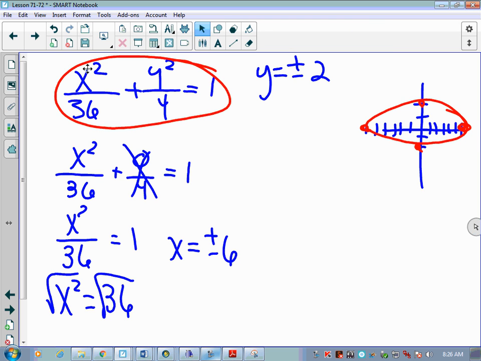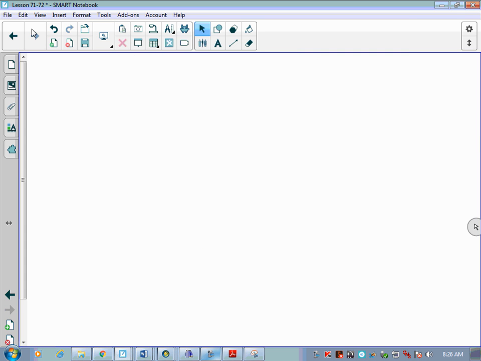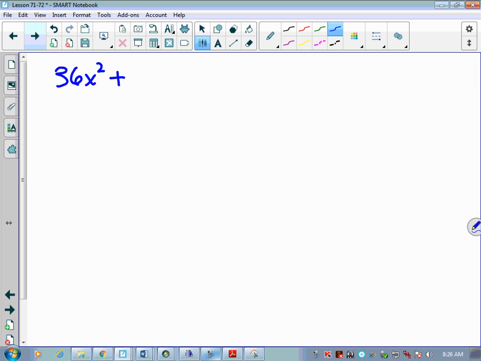Now, on your page, you should see number 2, write the equation in standard form and graph the ellipse: 36x squared plus 16y squared minus 576 equals 0. On all of these equations, we have a fraction plus a fraction equals 1.